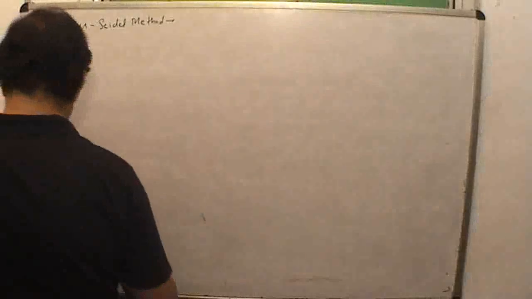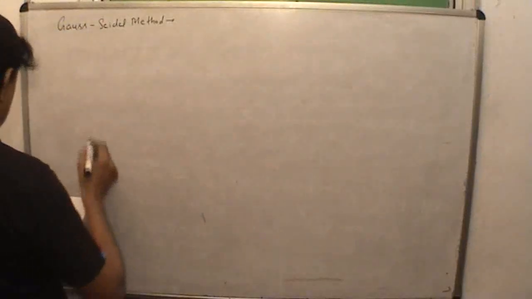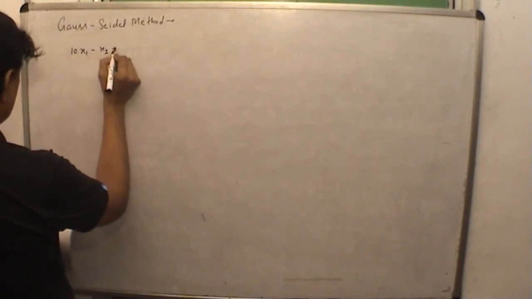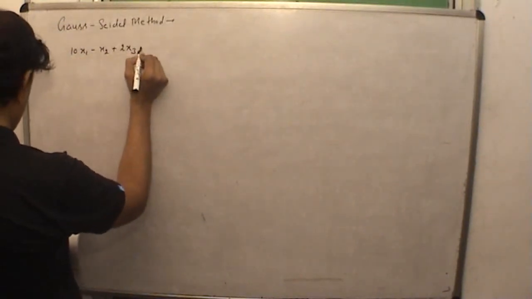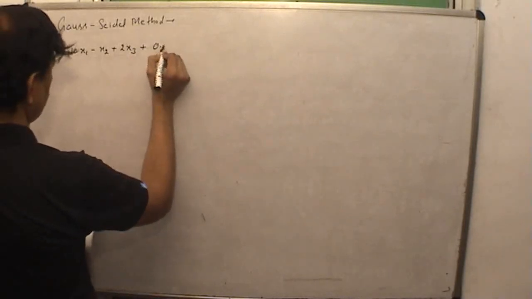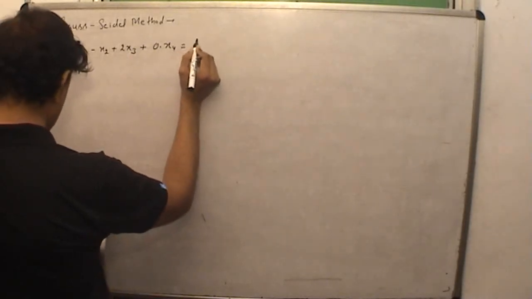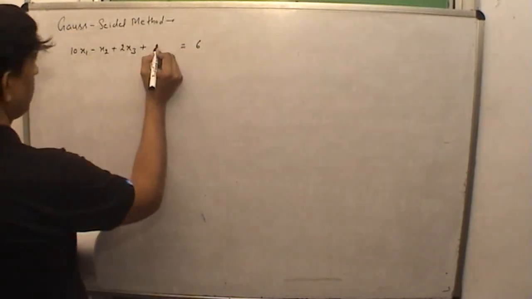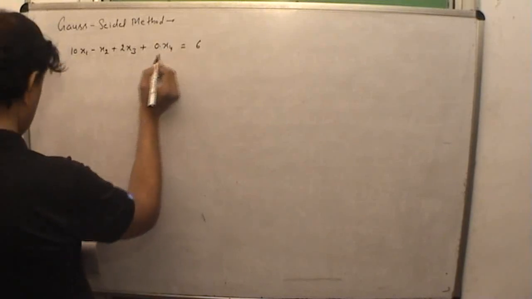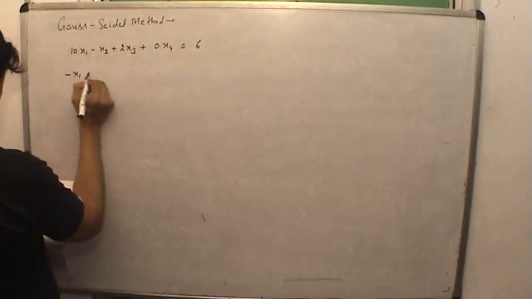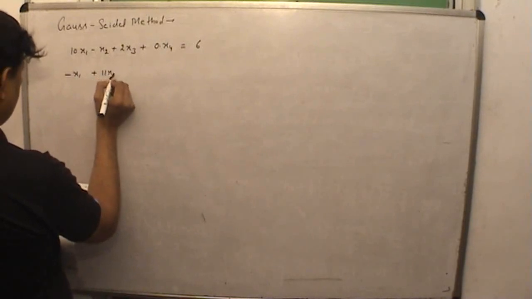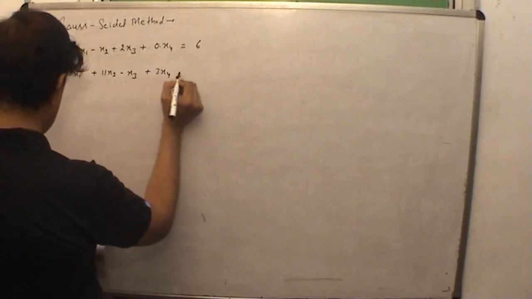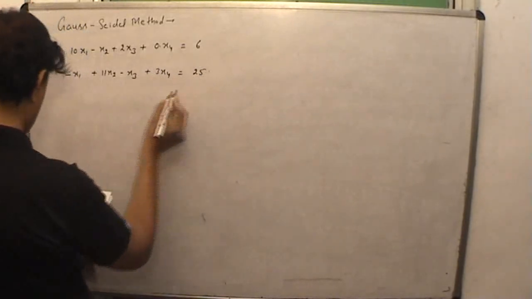Let us consider the system of equations. That is 10x1 minus x2 plus 2x3 plus 0 into x4 is equal to 6. And if x4 is missing, we can write it in the form 0 into x4. Minus x1 plus 11x2 minus x3 plus 3x4 is equal to 25.